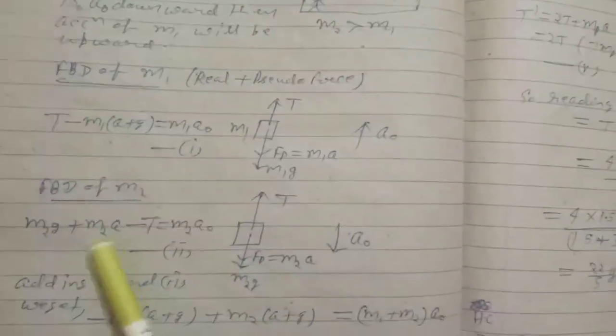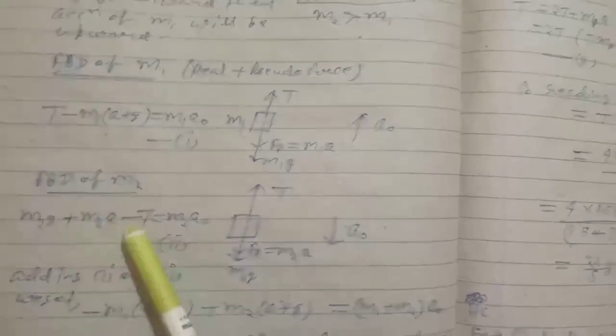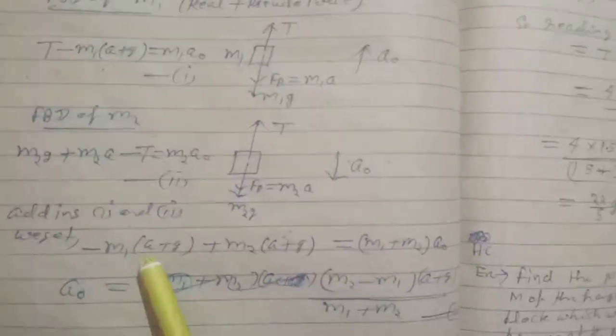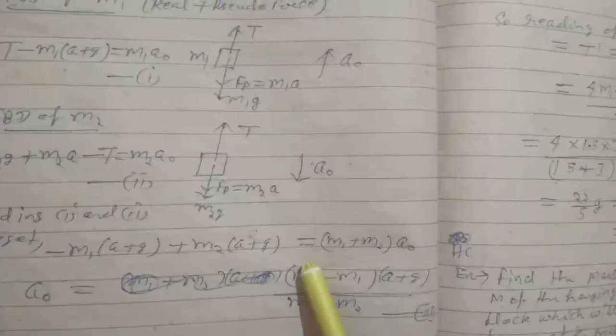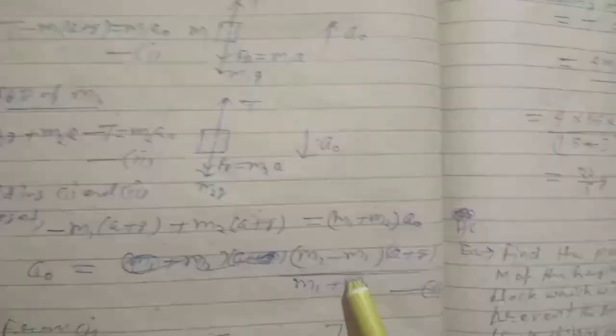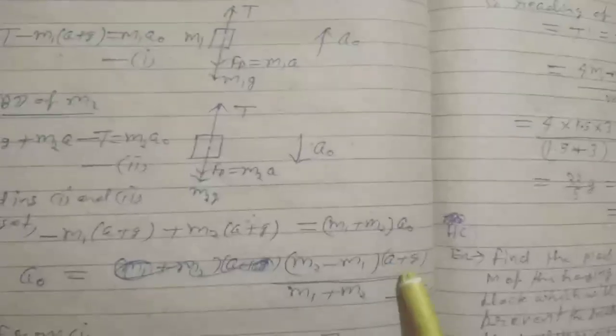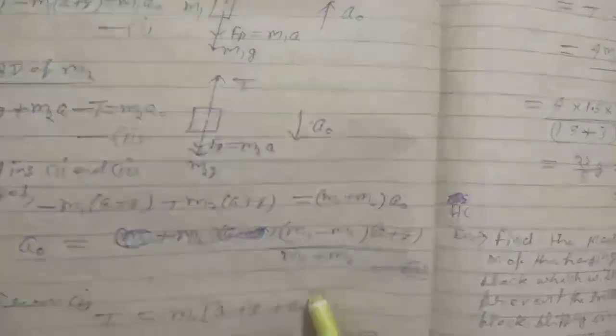Again FBD of m2: m2 g plus m2 a minus T equals m2 into a naught. Adding 1 and 2, we get minus m1 into a plus g plus m2 into a plus g equals m1 plus m2 into a naught. From it we get a naught equals m2 minus m1 into a plus g divided by m1 plus m2. This is equation 3.